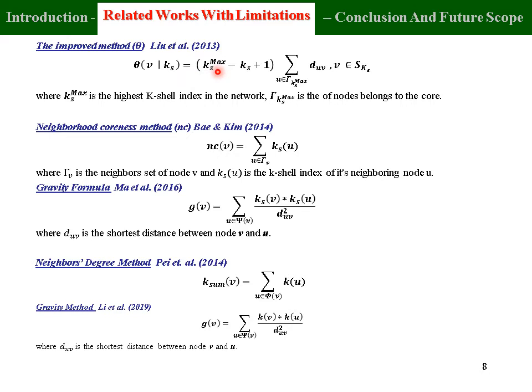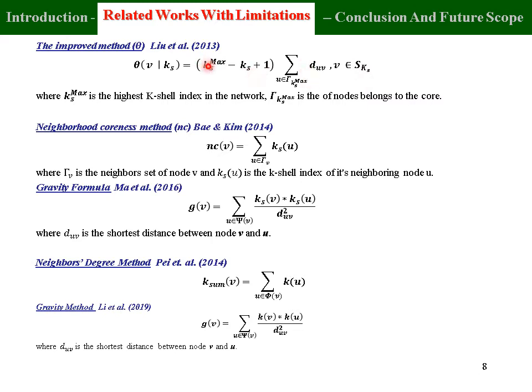If we consider our toy network, this Ks max is 3, and if you are considering Ks equal to 1, this V will be the very outer layer nodes. For this, Ks will be 1, and d_uv is the distance of this concerned node V from any other node U of the core shell. So U is the core shell node.